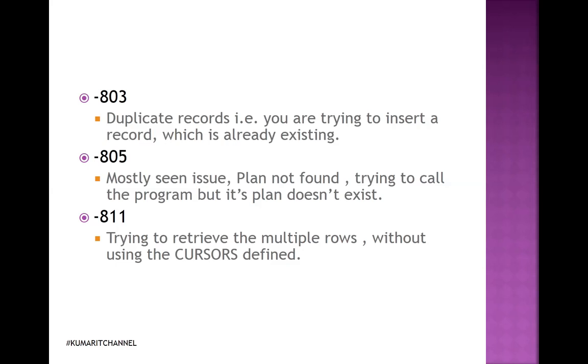Suppose you have defined select employee number, employee name from so and so, where employee ID equals something. You have not mentioned where employee ID equals, so what happens? Since you have given select employee ID, name from EMP, it tries to retrieve all the records. If there is only one record in the table, that's fine, but if it has more than one record, it throws an error.